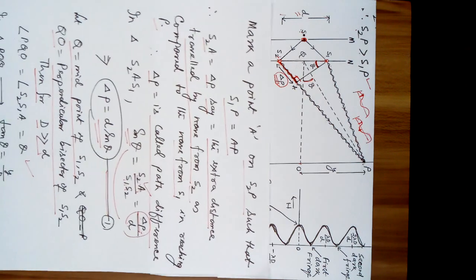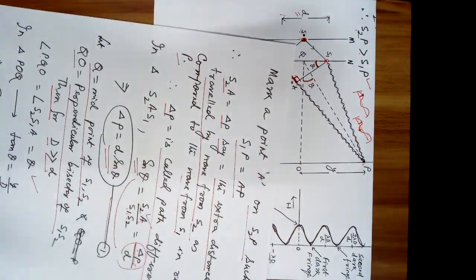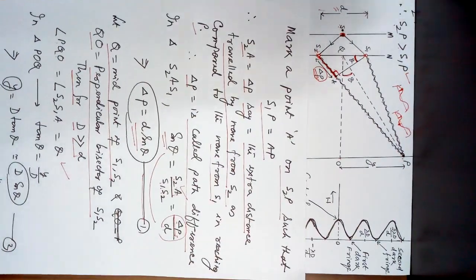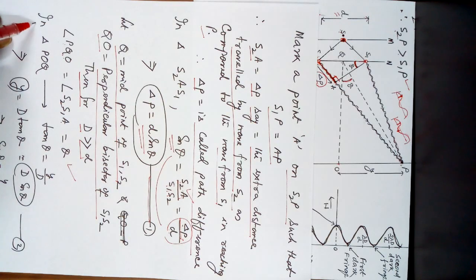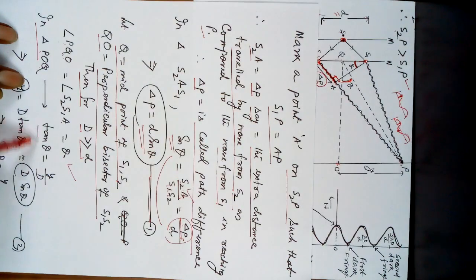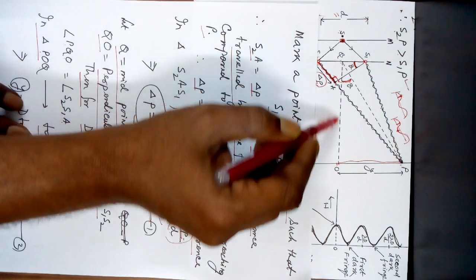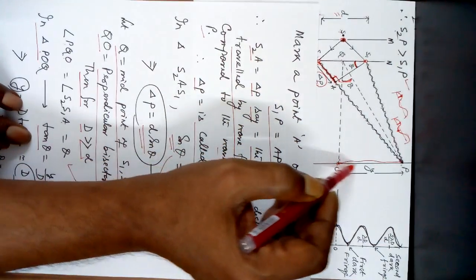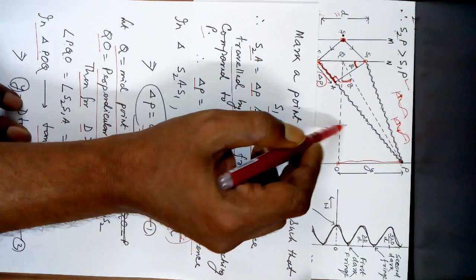Now in triangle PQO, tan of this angle, tan theta, will be equal to this distance by this distance, perpendicular by base. This distance I have considered as y, and from here to here is capital D, which I have mentioned here.